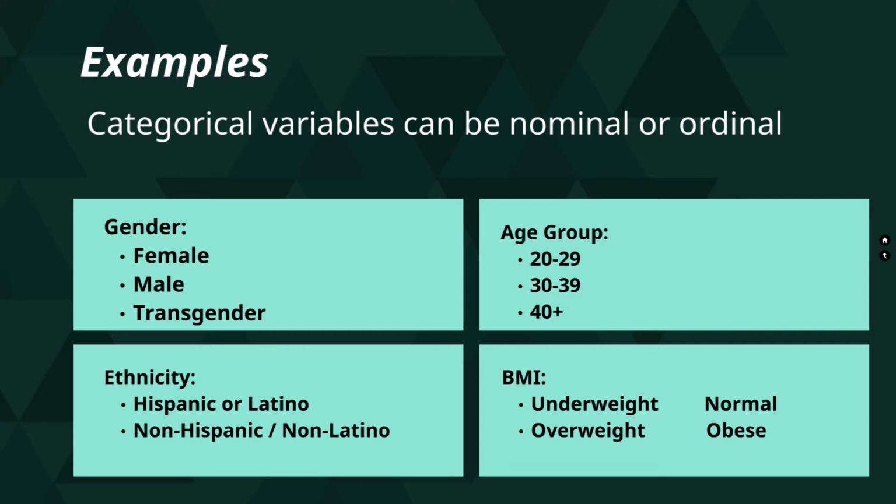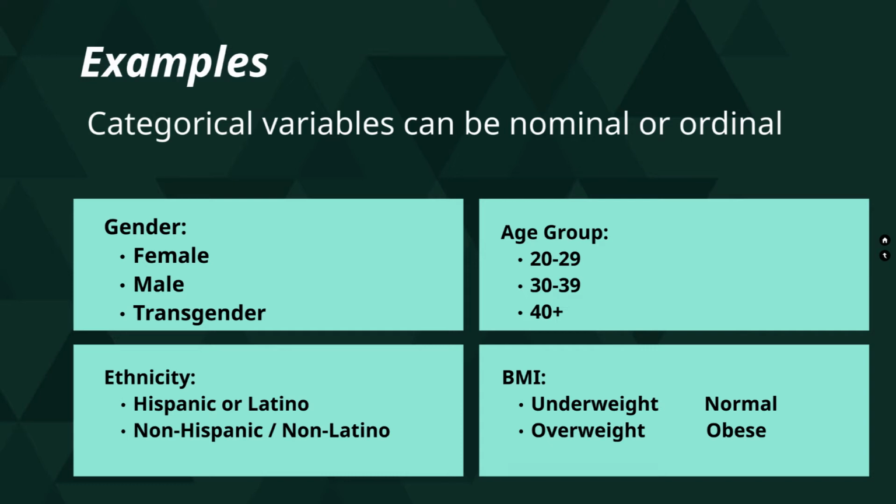Common categorical variables that you have seen are gender, which is self-identified, so male, female, transgender, other. Sex, which is genetic. Ethnicity, Hispanic or Latino versus non-Hispanic, non-Latino, and that ethnicity is recognized in the U.S. Census.